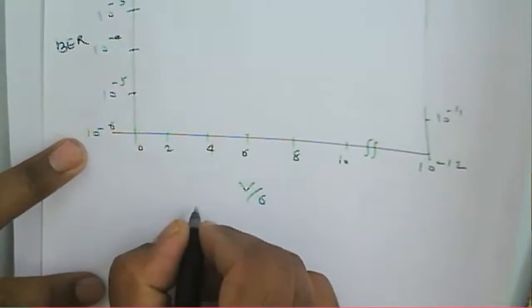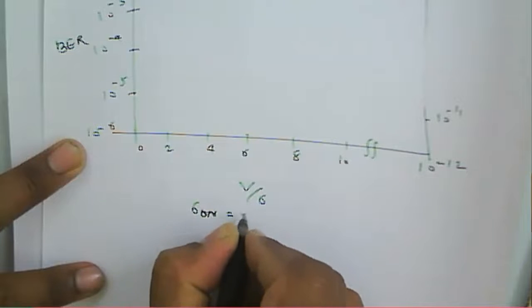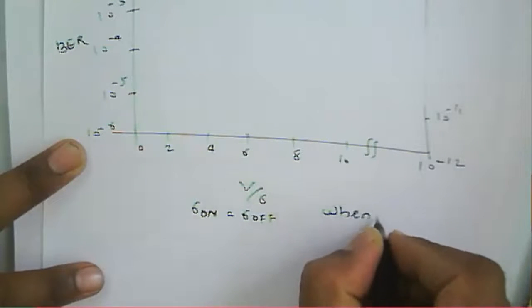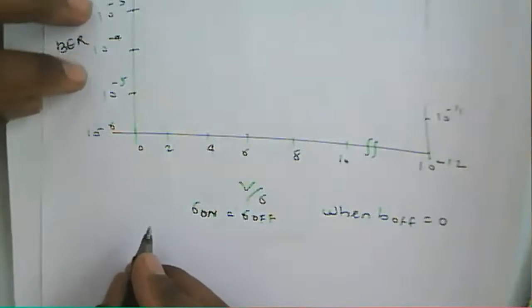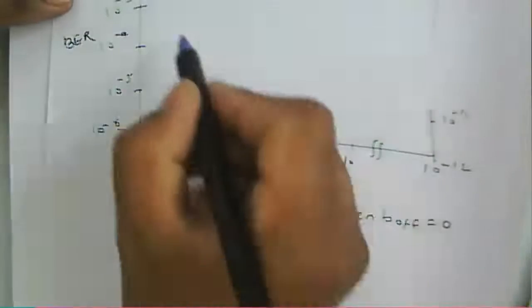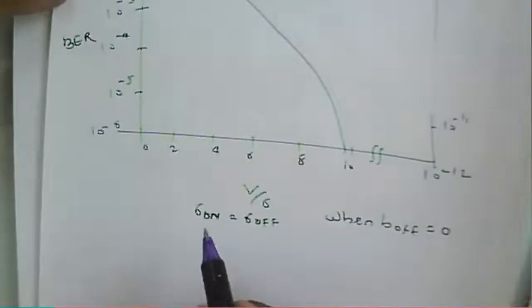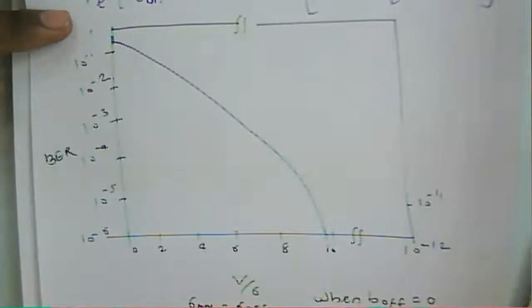So in this graph, we can say that sigma on is equal to sigma off when V off is equal to 0. So the curve will be likewise. So this is a graph for this BER with respect to this one.